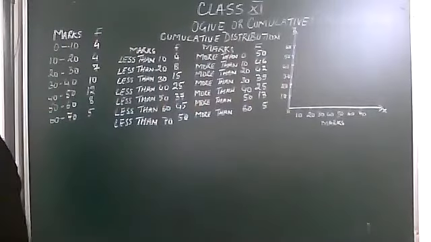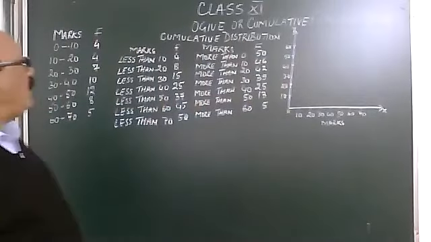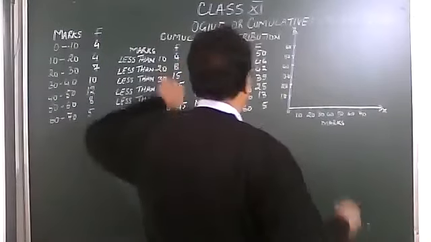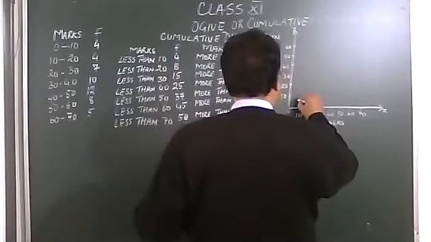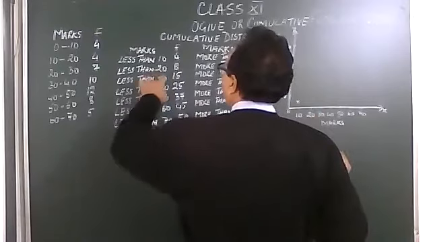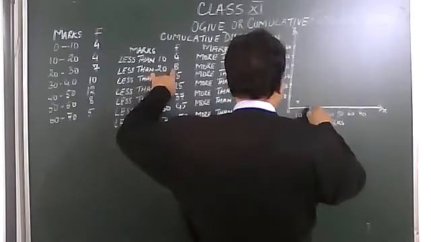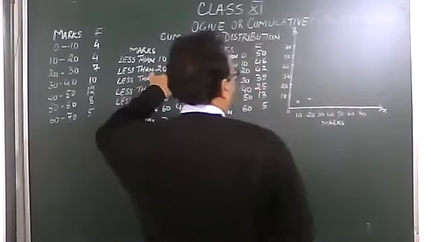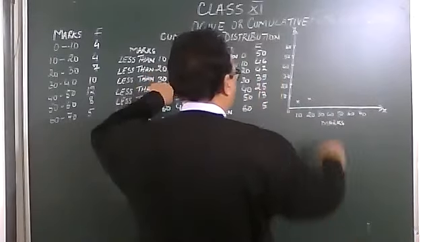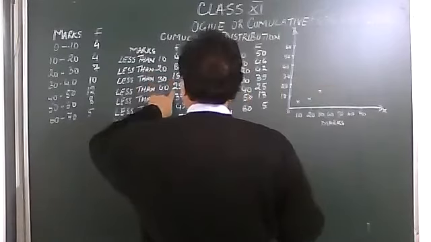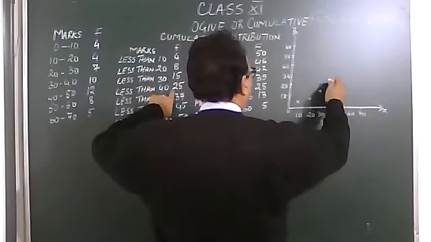Now, plot it. Less than 10 is 4. 4 will be something there. Then less than 20 is 8. 8 will be something there. Put a dot over there. Less than 30 is 15. Then less than 40 is 25.